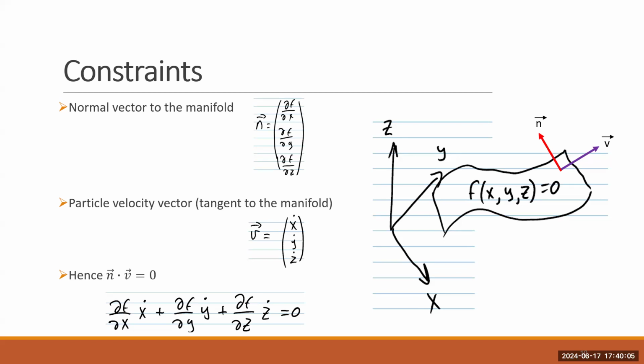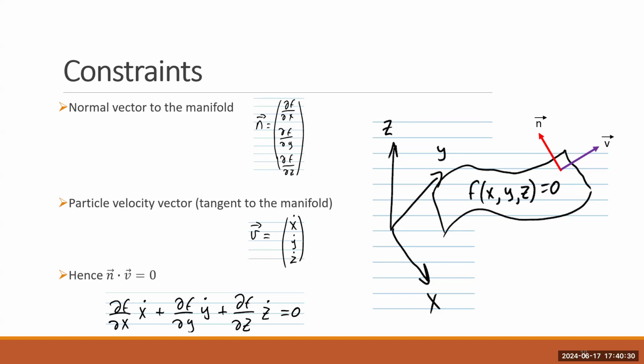So the particle has to move on this constraint. The normal to this manifold is simply df dx, df dy, df dz. This is the vector n, which is perpendicular to the manifold.